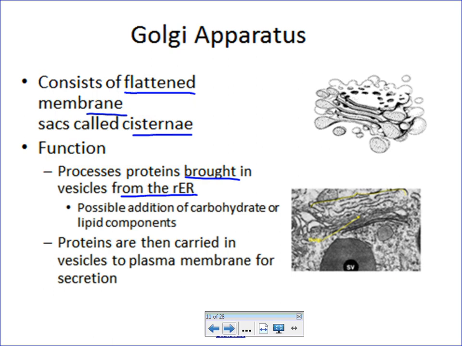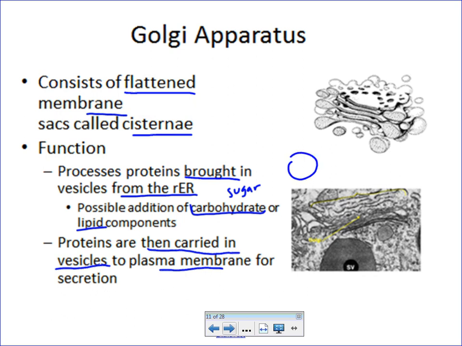Once these proteins are brought to the Golgi apparatus, they will get processed by adding carbohydrates or sugars onto the protein, or lipid components if they are to be lipoproteins. From the Golgi apparatus, once those proteins have been modified, they are then carried in further vesicles to the plasma membrane for release or secretion.